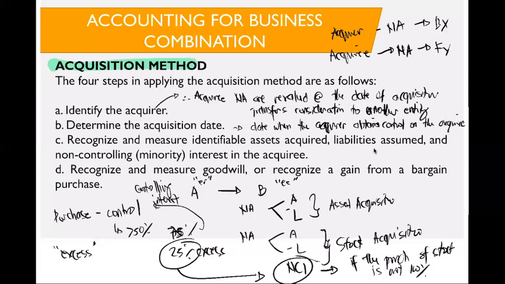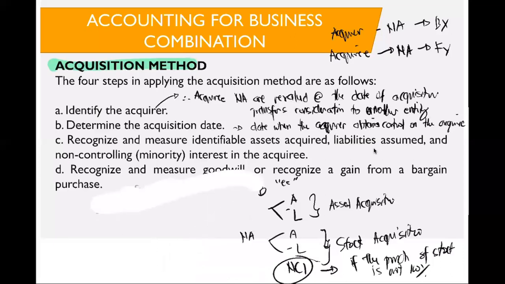Okay? And the last step for our acquisition method, we recognize and measure goodwill or recognize a gain from a bargain purchase. So when do we recognize and measure goodwill, and when do we recognize a gain from bargain purchase? So we already said that the acquirer will purchase the acquiree. So let's say A is the acquirer, B is the acquiree.